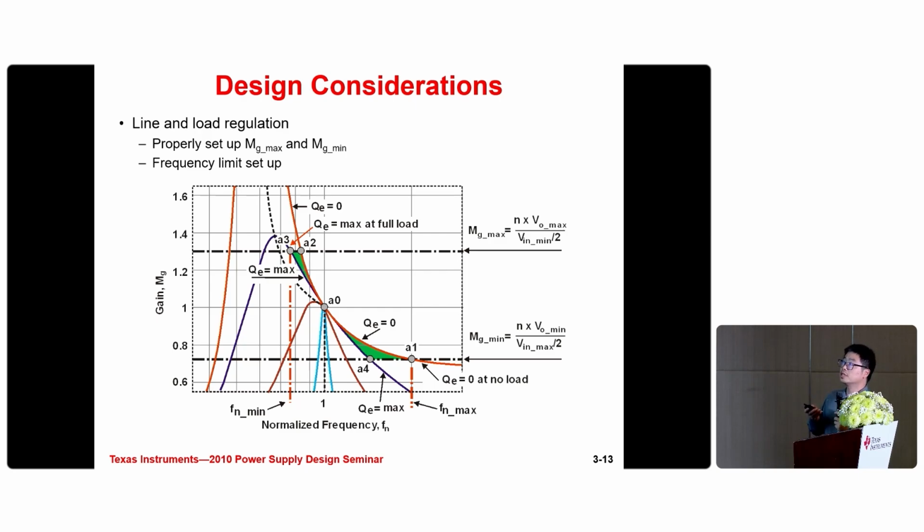Also, from this plot, when the load is 0, the cross of this limitation and this curve gives the maximum switching frequency. And from this curve to the max limitation, we can get the minimum switching frequency here.